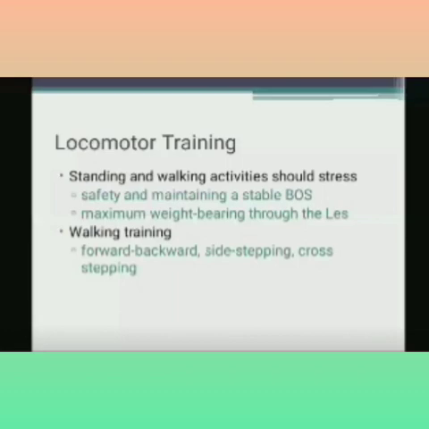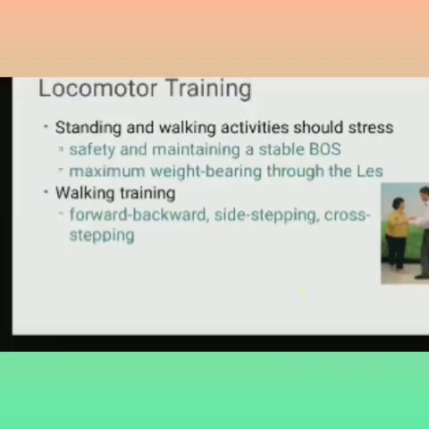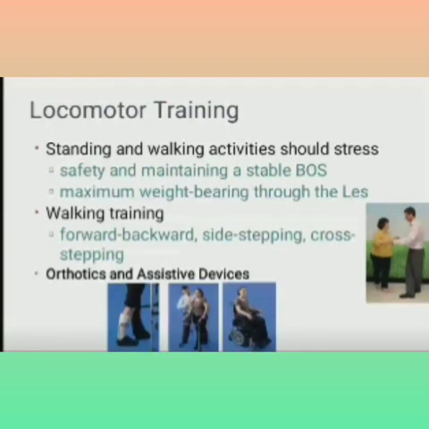Then you have to give walking training: forward, backwards, sideways, or cross stepping. You can see cross stepping in this picture. When they can perform forward, backward and sideways properly, then they can go for cross stepping. Some patients may need an orthosis or assistive device like an AFO and all those things, then a wheelchair or gaiters can be advised if required.